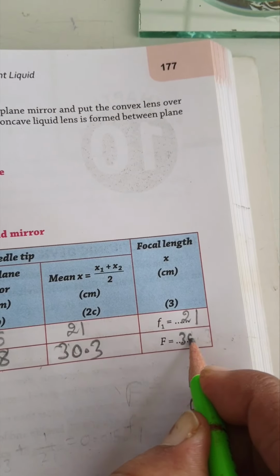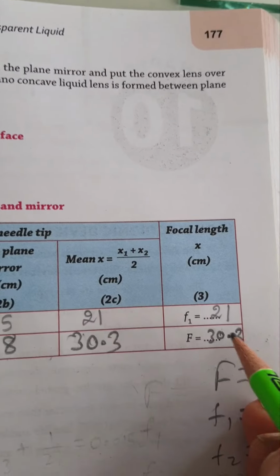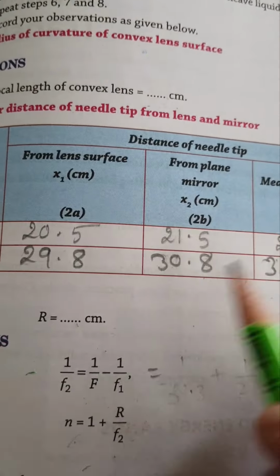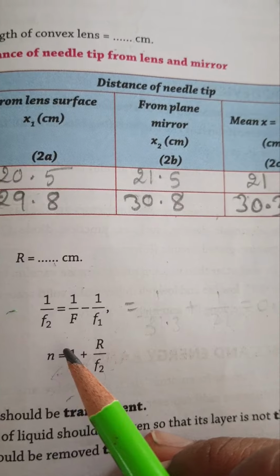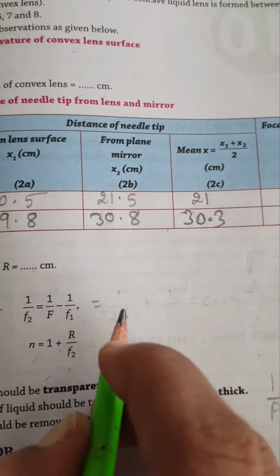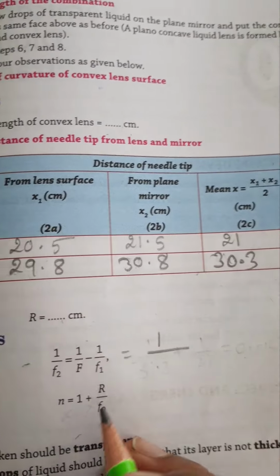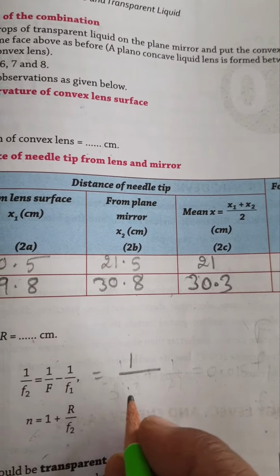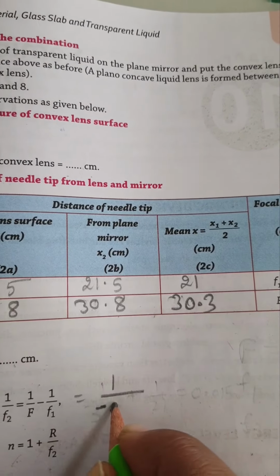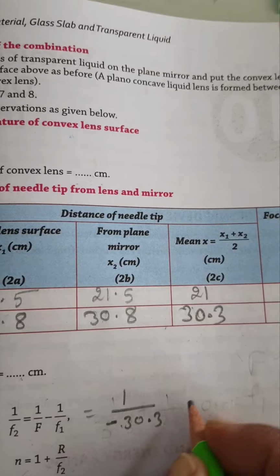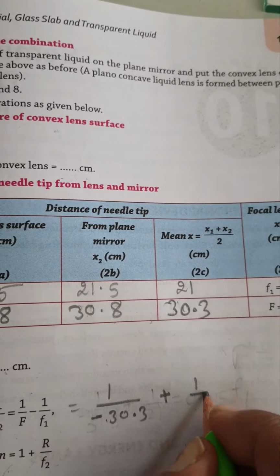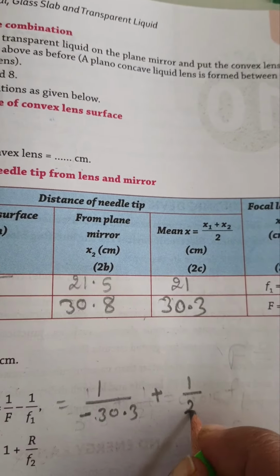By substituting the value of f1 and f, we will calculate 1 by f2. Remember this, we have to take the sign of capital F and f1 both negative. So it will become minus 1 by 30.3 plus 1 by 21.